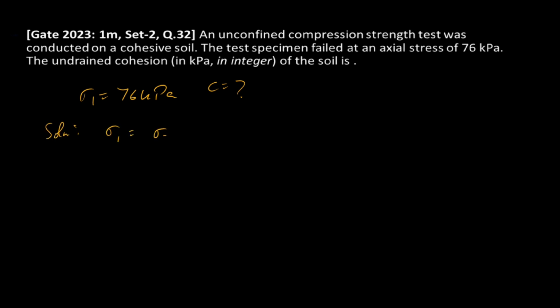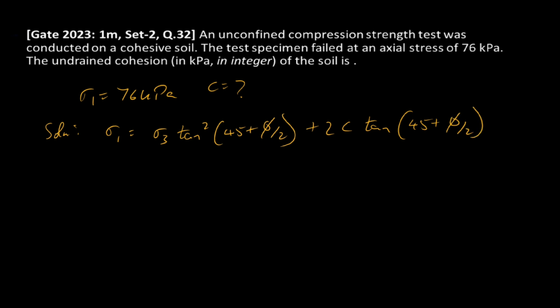Sigma 1 will be equal to sigma 3 tan square (45 plus phi by 2) plus 2c tan (45 plus phi by 2). Since the test is an unconfined compression strength test, the value of sigma 3 will be equal to 0 and the value of phi will also be equal to 0.